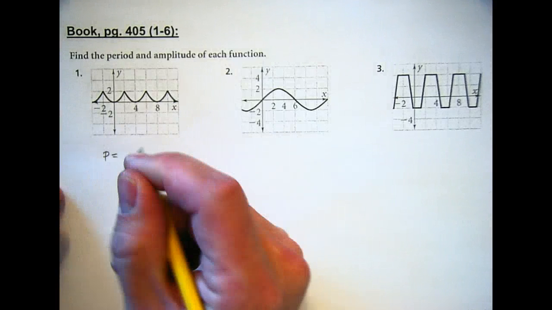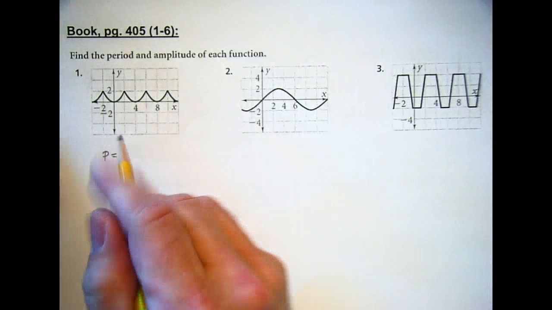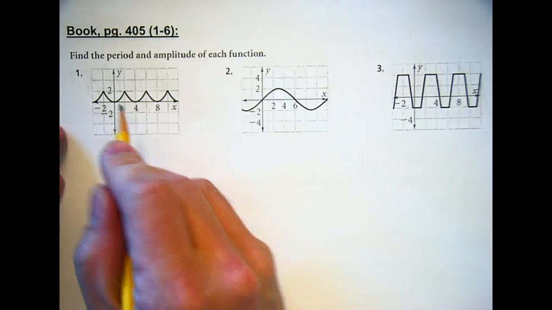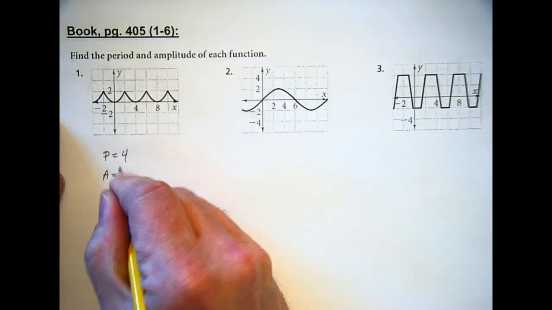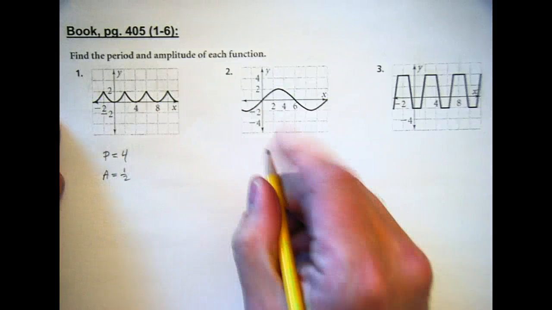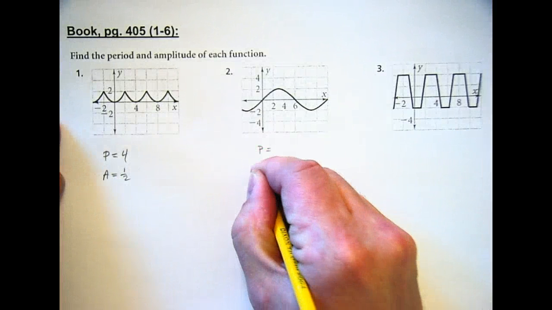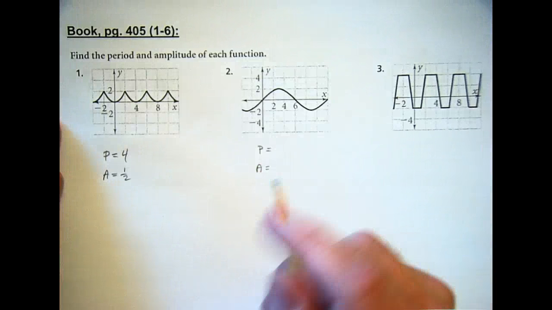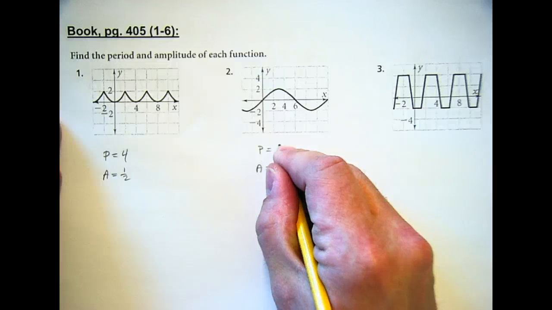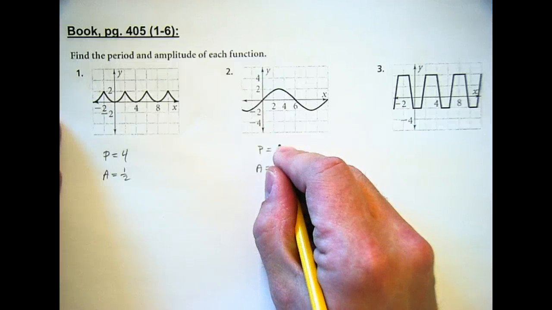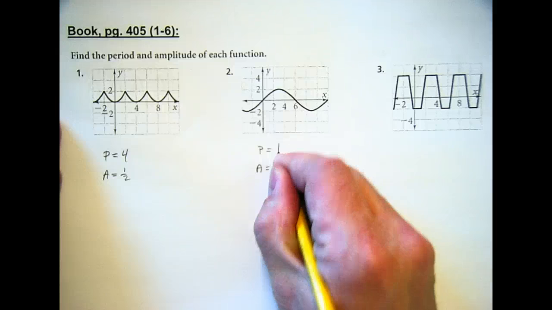Okay, here we go. Number 1. Casey, what do you got for the period on number 1? 4. Okay, how about amplitude? 1/2. All right. I'm not checking these right now. We're going to go back through them. Number 2, period. What do you got, Jacob? 1.